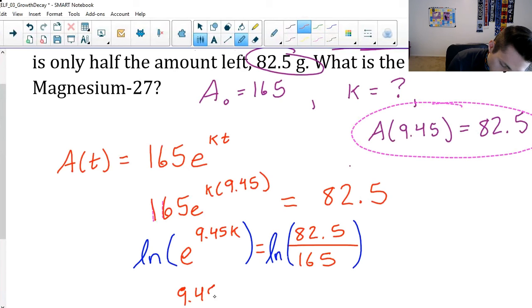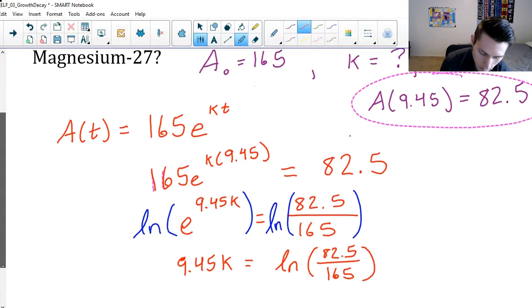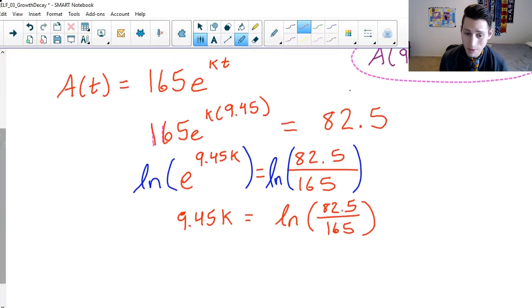All that's left is 9.45k equals all this garbage. So to solve for k, just divide by 9.45.